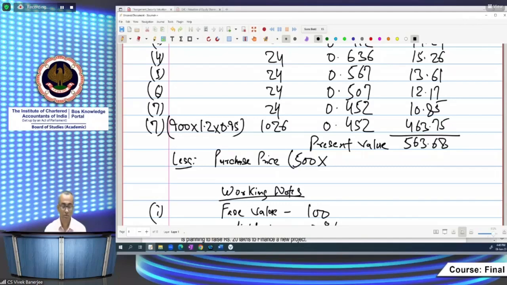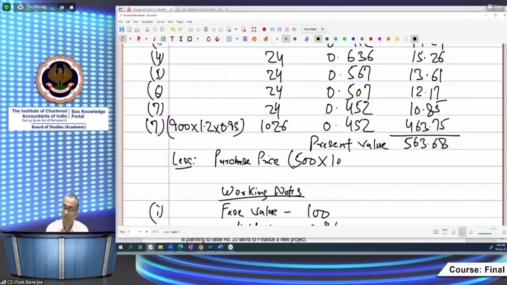But 500, when one is selling, it will include the incidental expenses also. तो परचेज प्राइस में आपको इंसिडेंटल एक्सपेंसेस भी कवर होंगे. जिससे परचेज कर रहा है वो इंसिडेंटल एक्सपेंसेस को भी इंक्लूड करके देगा.